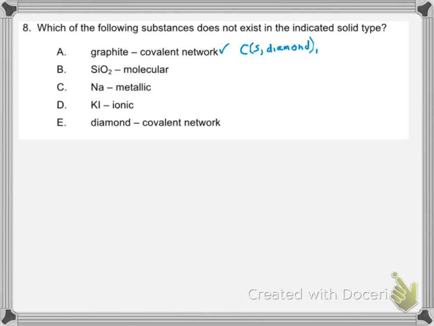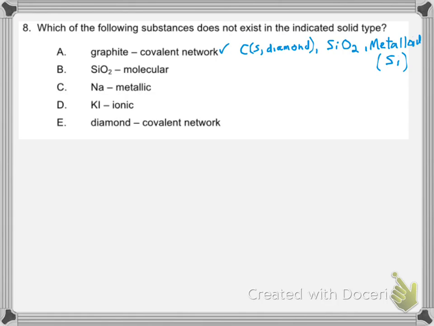Additionally, quartz, aka silicon dioxide. And then finally, metalloids in their neutral solid states. So, for example, a very common type of metalloid is just plain old silicon.